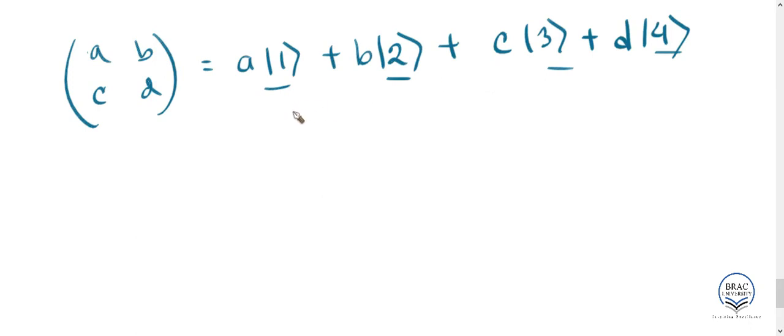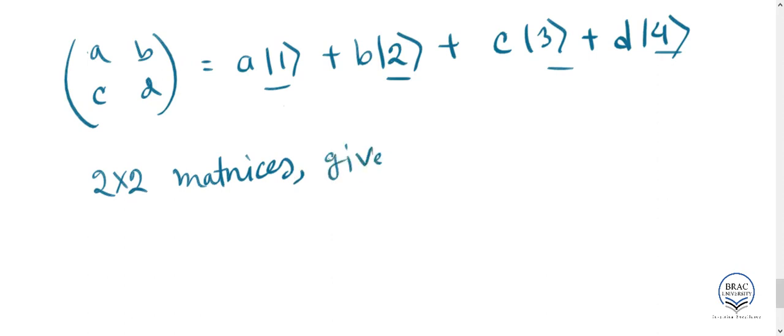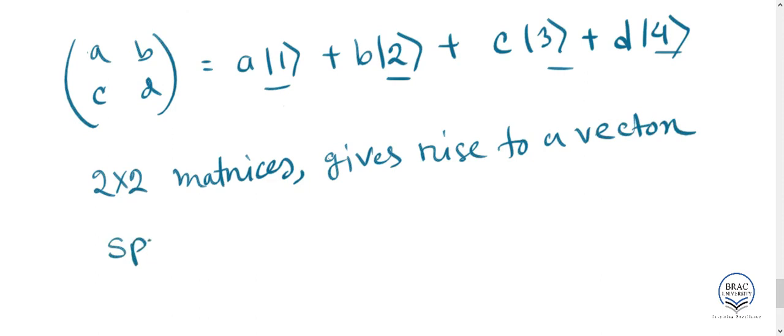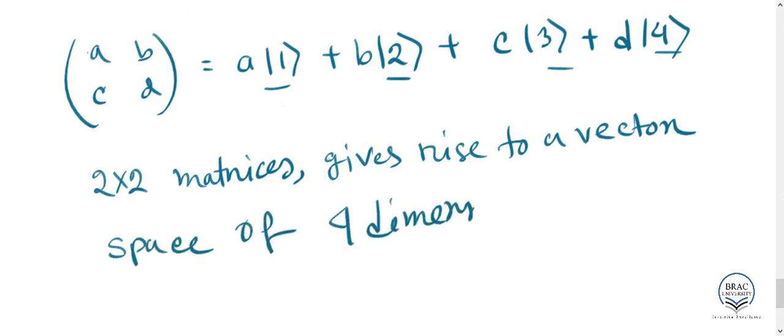So from here we can say that these 2 by 2 matrices give rise to a vector space of 4 dimensions, because there are 4 linearly independent vectors over here.